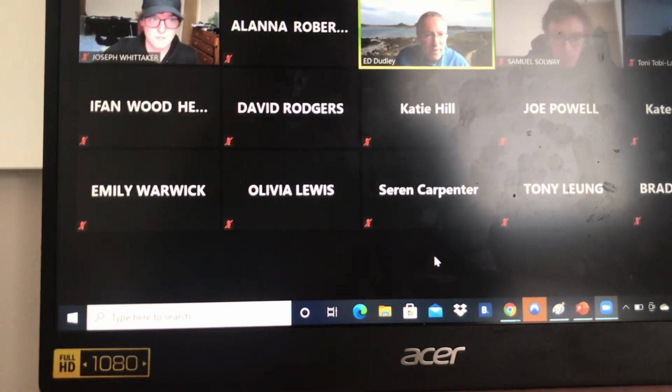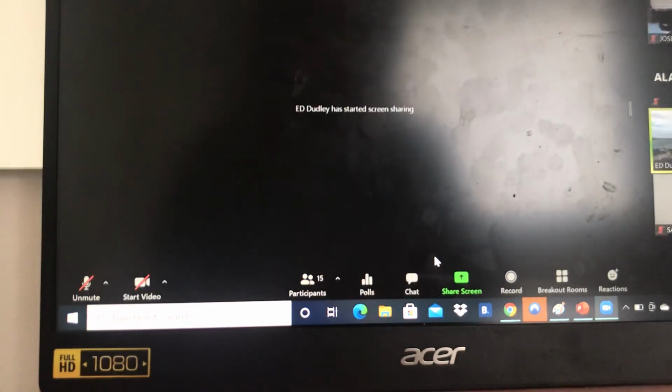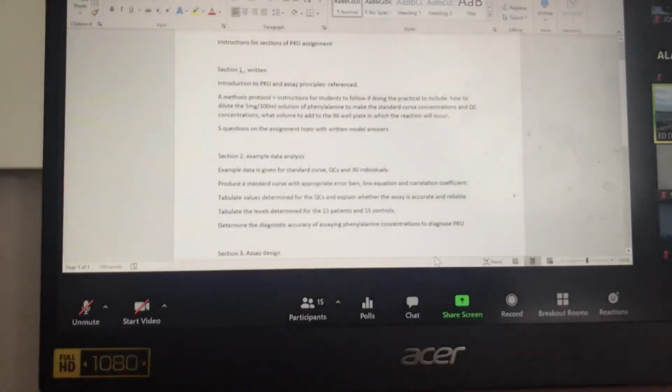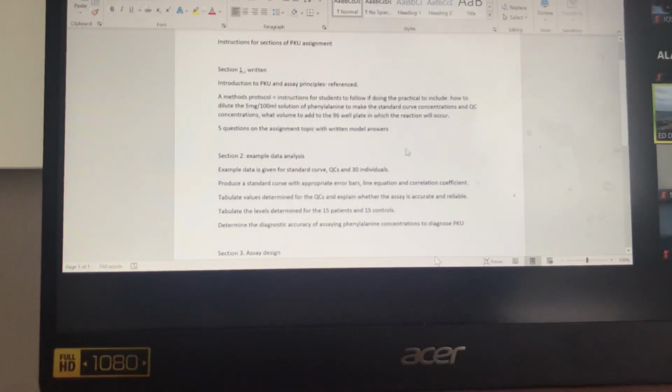If we share that, so as I say, the write-up is split into 3 sections. The first section is a mainly written section. The person has to write an introduction to PKU and assay principles and reference that. You also have to write a methods protocol, which basically tells students how to do the practical.